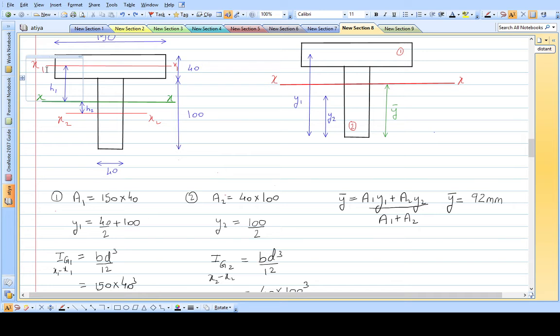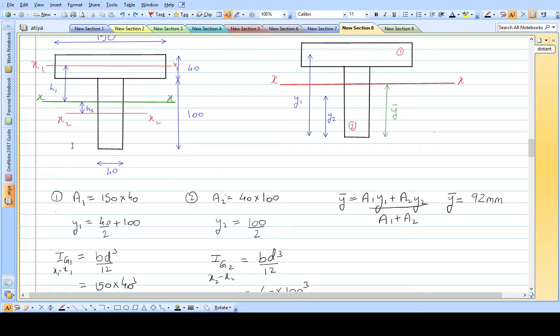Now first part is the flange part, that is the first part, so its own axis will be x1 axis. Okay, we know the distance from the base is y1. Okay, so y1 minus y bar will give you the distance between the two parallel axes, that is x1 axis and xx axis.